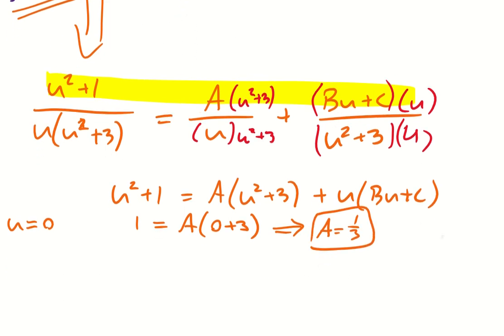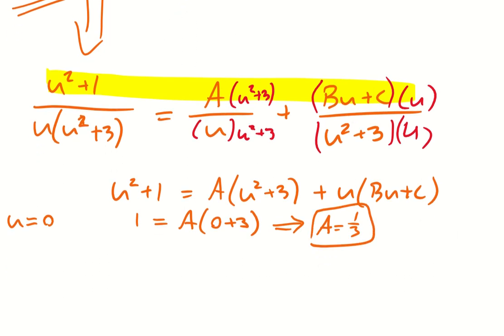We can wipe out any variable here in terms of any other choice, but we could say u is equal to 1, so that's not too bad.